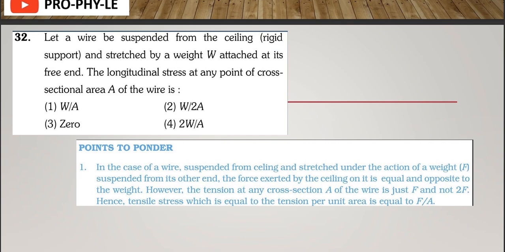Just look at this question, directly given from the points to ponder in NCERT. Let a wire be suspended from the ceiling and stretched by a weight attached to it at its free end.